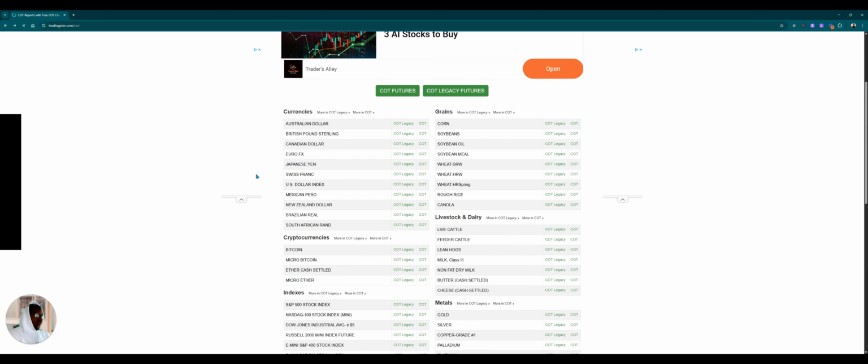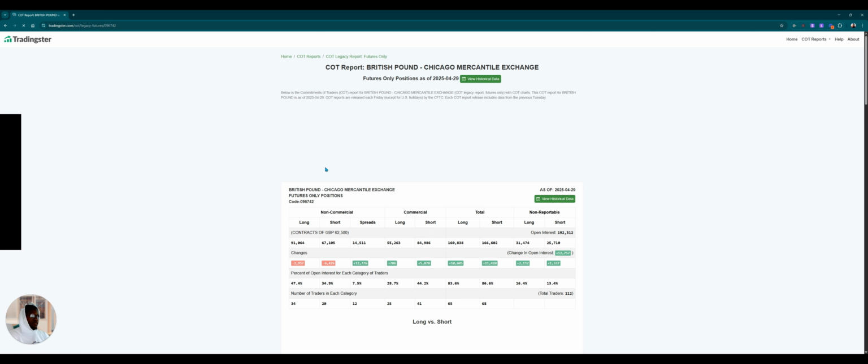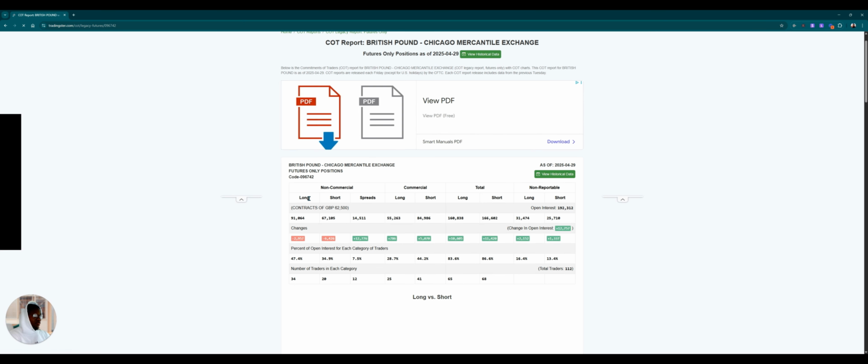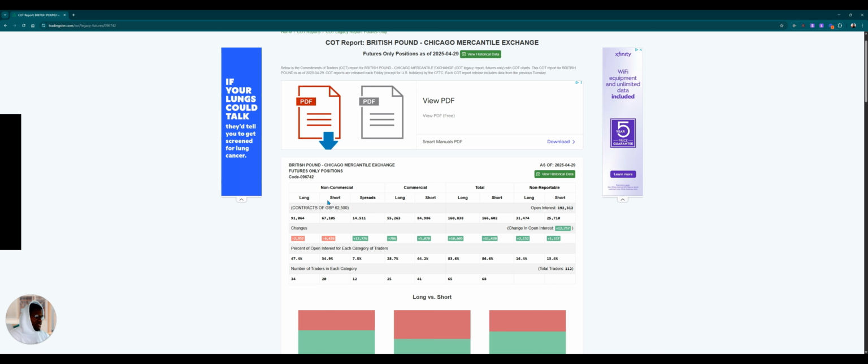For example, let's go to GBPUSD and let's hit British Pound Sterling. As you can see, most of the institutional players, again, the people who are trading for profit, are looking to buy GBPUSD, which means that when they are buying the Great British Pound, the US dollar is going to grow weaker, and vice versa.